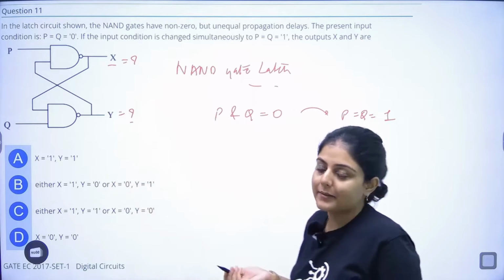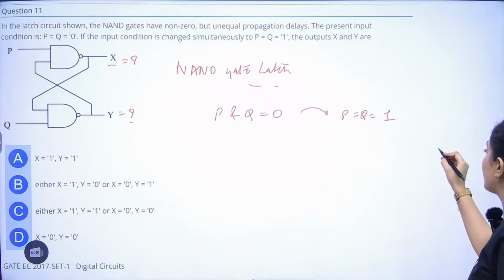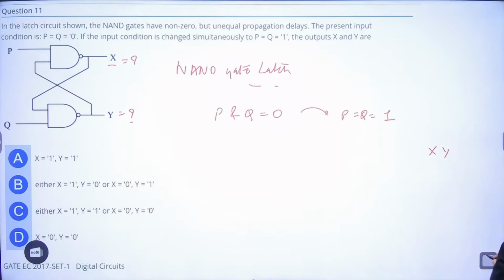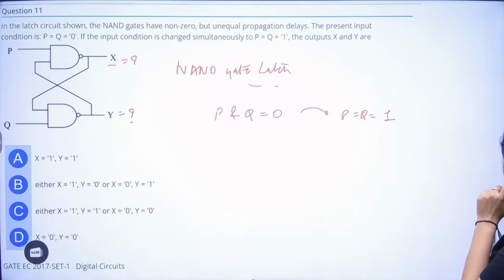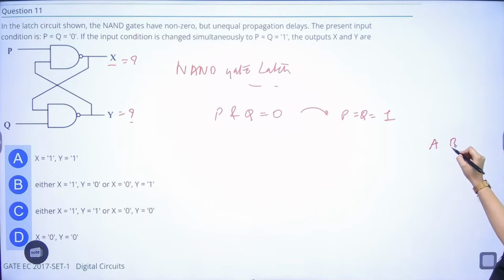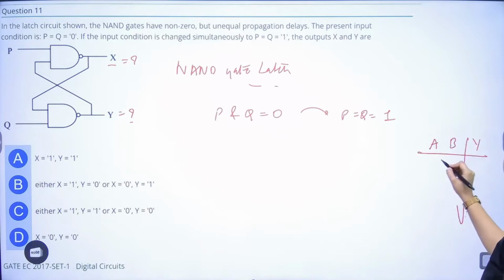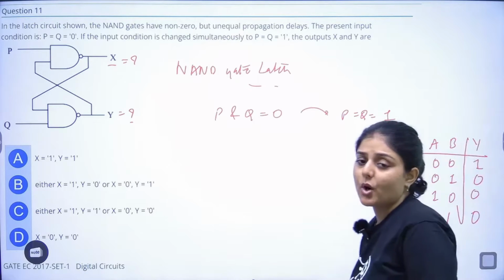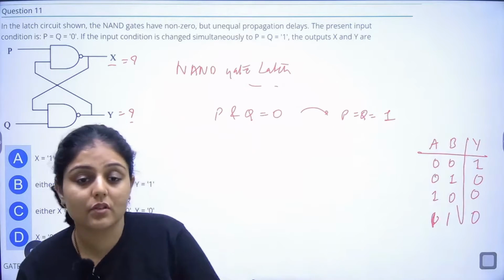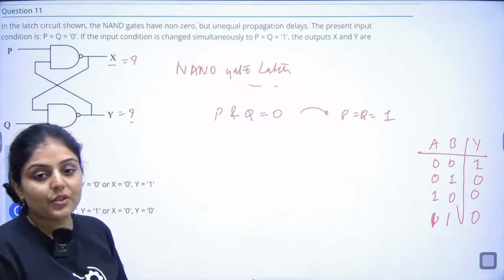Now this is a NAND. So if I draw the truth table for NAND, with inputs A and B and output Y: 0, 0 gives 1; 0, 1 gives 0; 1, 0 gives 0; and 1, 1 gives 0. This is how NAND looks, just the opposite of the AND gate.